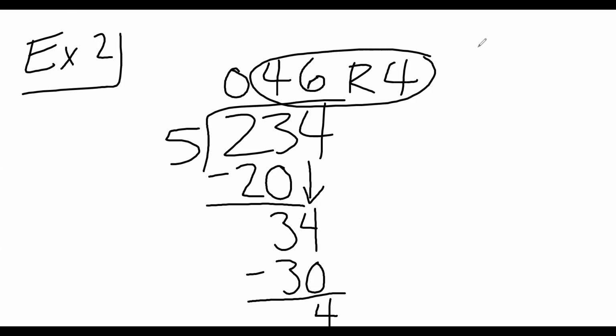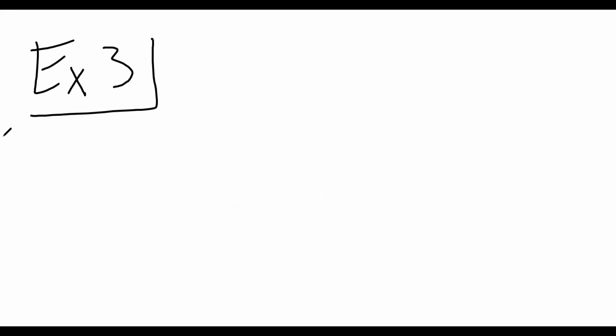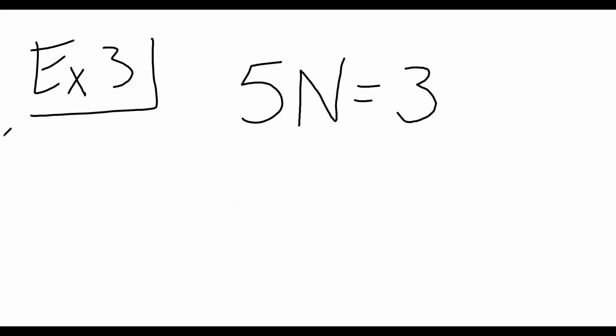Last example, example 3. I have 5n equals 365. How do I solve for n, Ian?